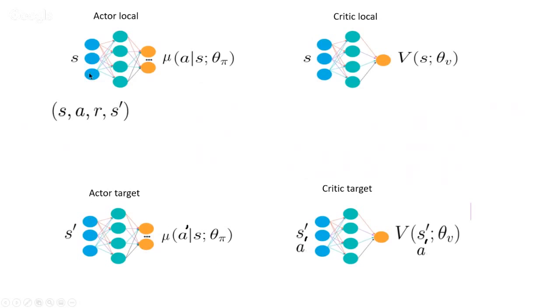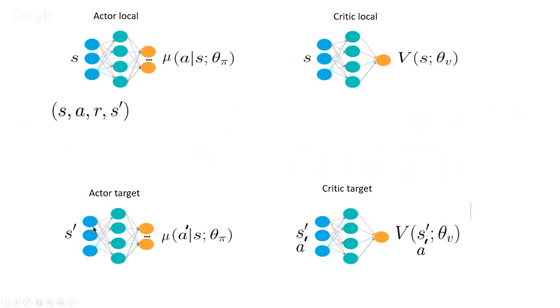So given a state, you get an action, you get reward and S prime from the environment. Now you need to choose what action you will select given S prime as well, because you have to compute an action value here as opposed to the state value we previously saw. So to choose that action, you need actor target.